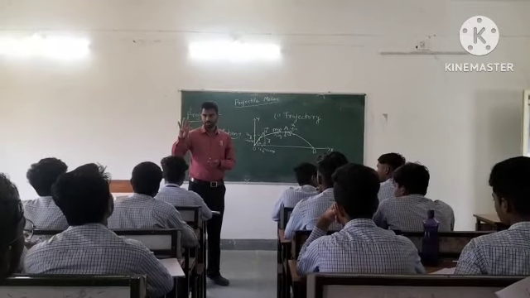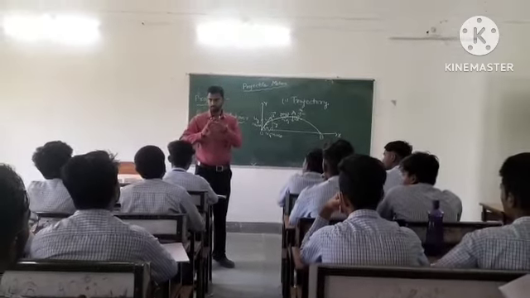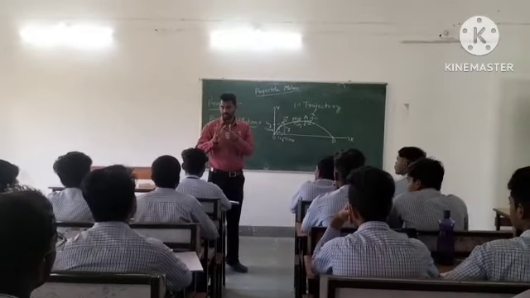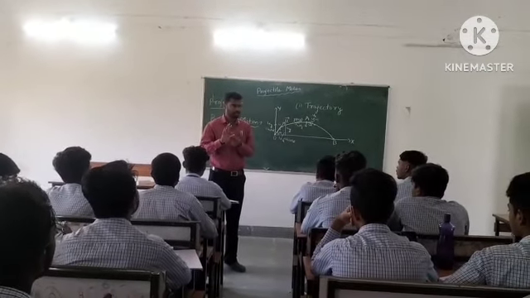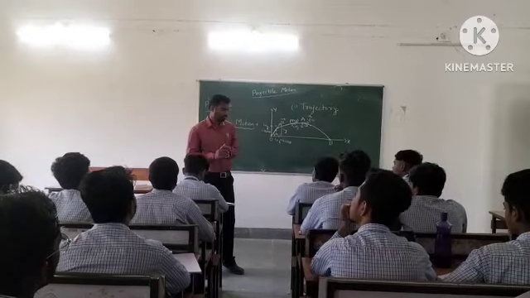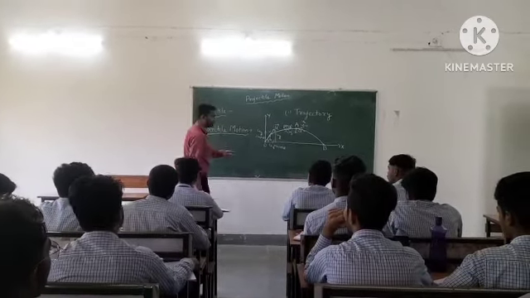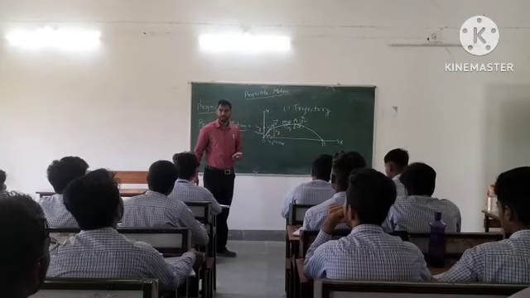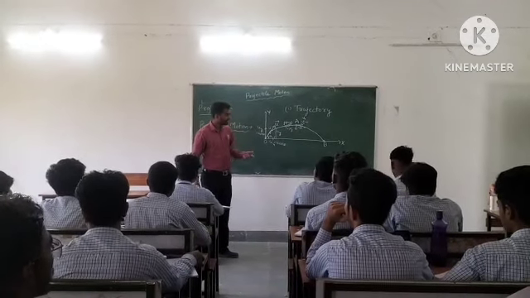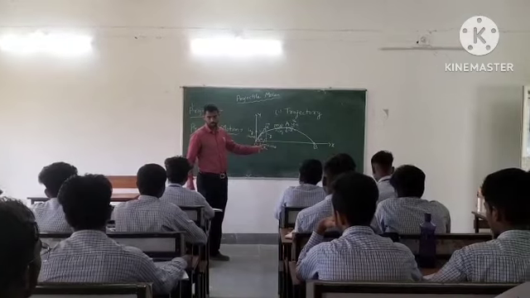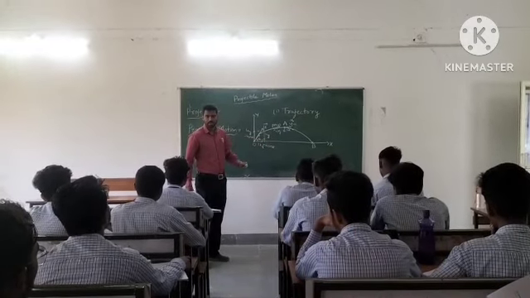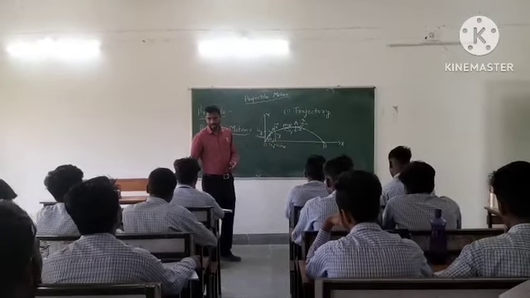For kinematics, we are not bothered about force, we are bothered about these four. In mechanics, we are bothered about force. When you study mechanics, it will be in terms of force only. But in kinematics, we are not bothered about force, we are bothered about the rest of the physics parameters.